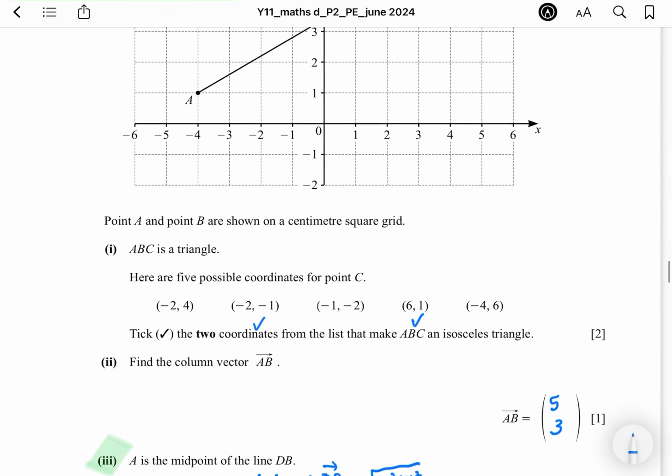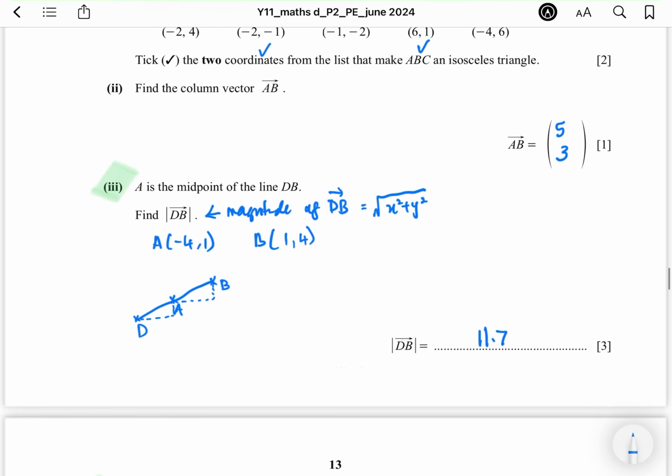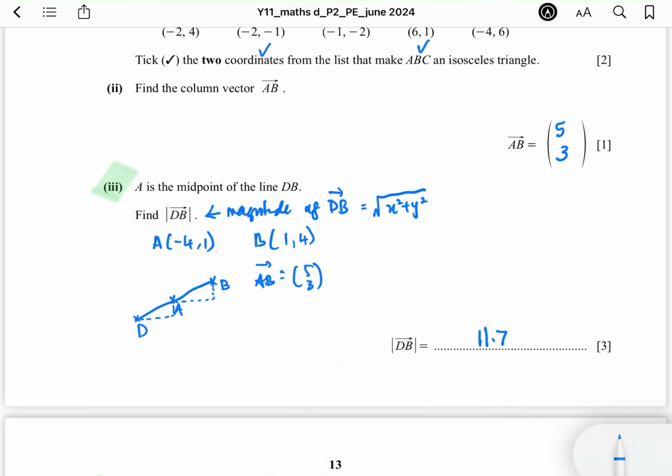Looking at this one, A to B is 1, 2, 3, 4, 5 horizontal, and vertical is 1, 2, 3. So AB is 5, 3. Careful not to make it into a fraction, just what I did just now. So that means DB is twice AB.